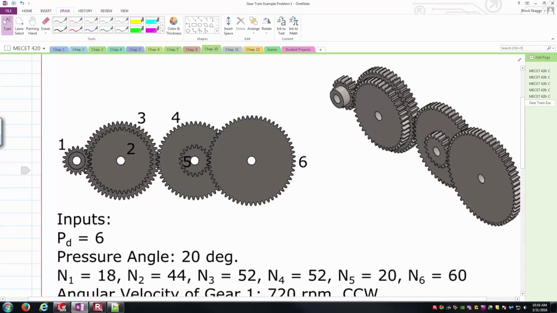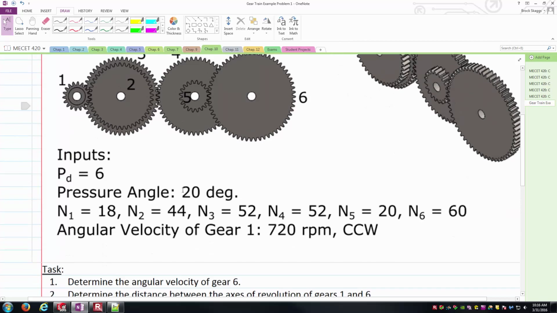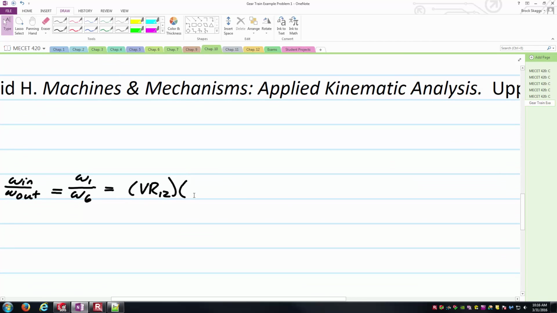Next we've got the velocity ratio of 3,4, because 2 and 3 are on the same shaft and share the same angular velocity, so we'll know the angular velocity of 3. Then we've got 3 meshing with gear 4, kind of on the back side of the gear train, if you will. So we'd have velocity ratio 3,4 as the second term in this product.